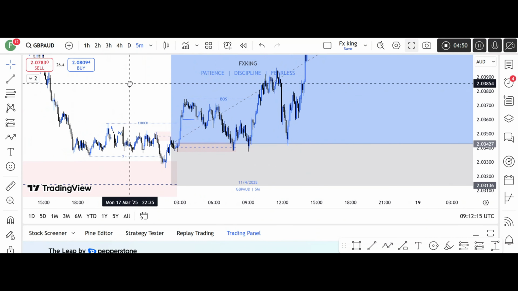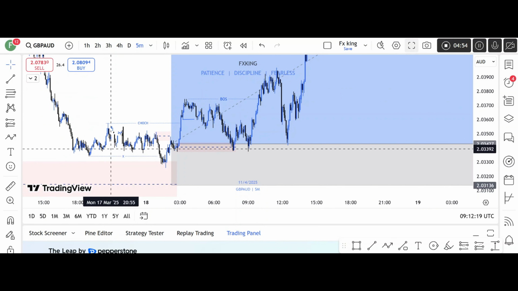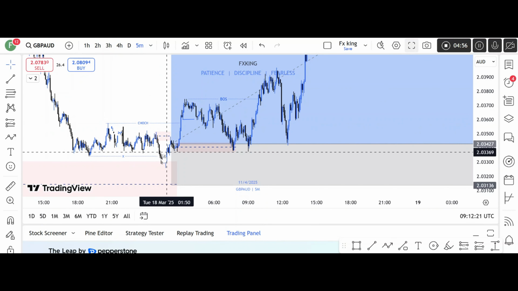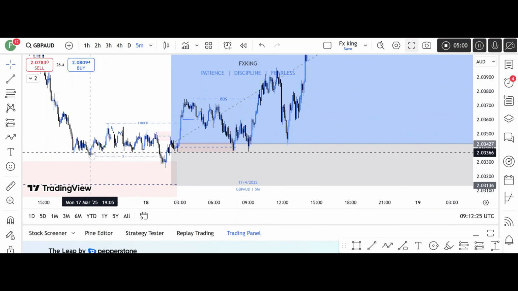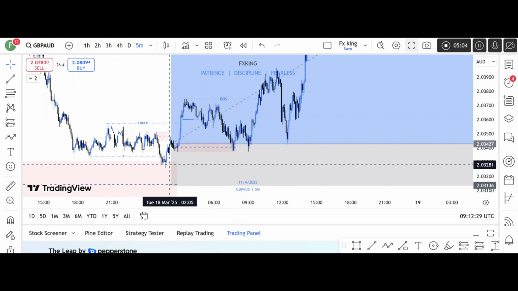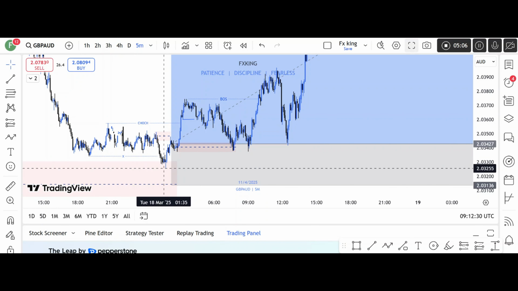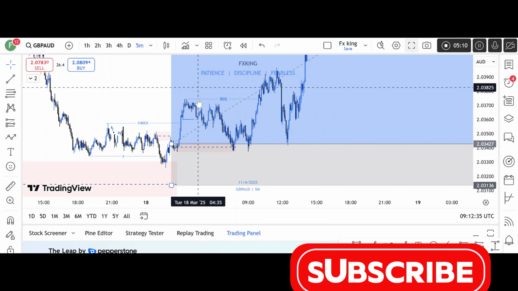What you can see from here is this market pushed down. So this was our last internal structure high. This push here created this internal structure high and this internal structure low here. So we're expecting price to give us a change of character and continue to the upside.